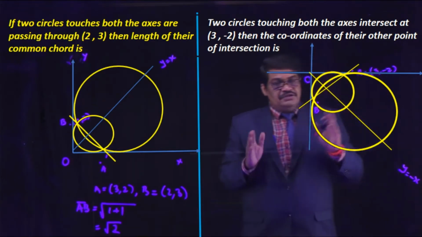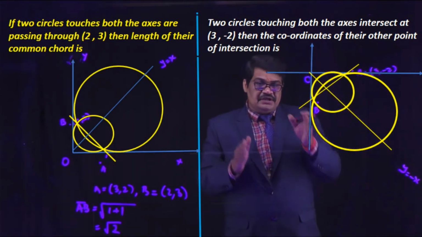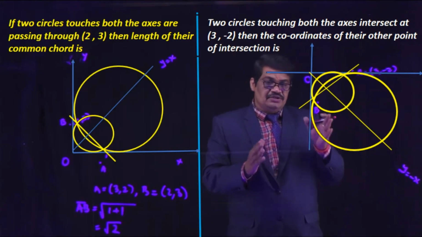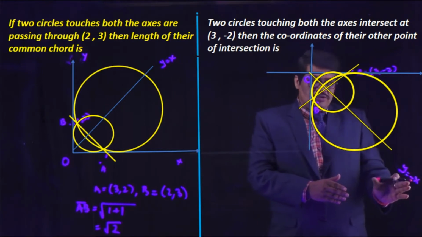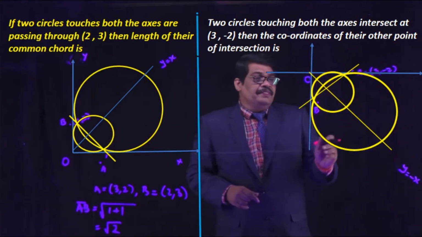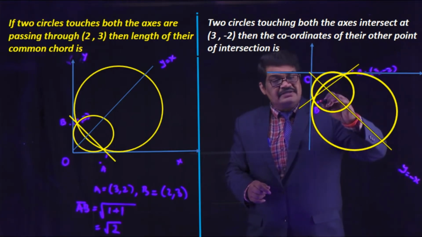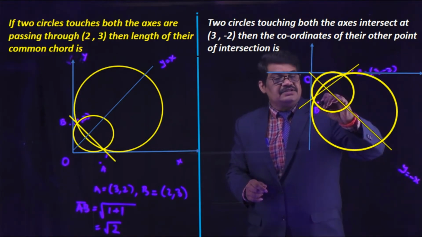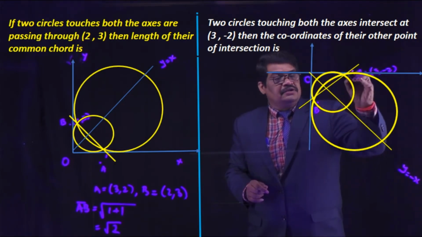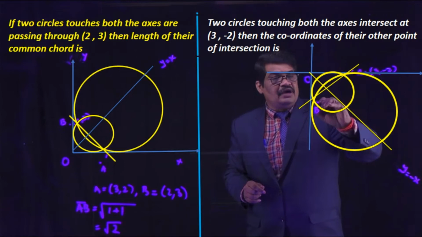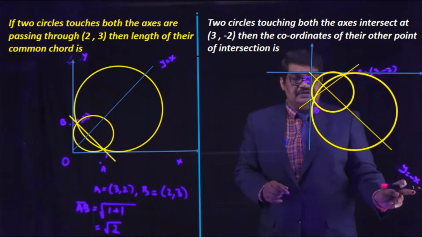Since these two circles touch both the coordinate axes, the centers of all circles touching both coordinate axes lie on the line y = -x. So this line y = -x bisects the common chord AB. Here A is the image of B and B is the image of A with respect to the line y = -x.